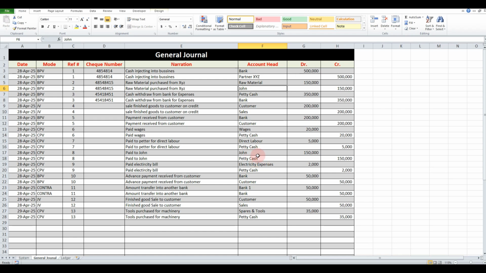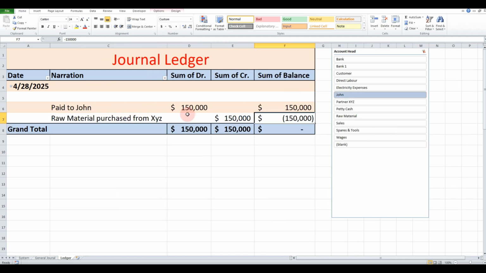I'm paying that from cash, CPV, cash payment voucher. John is debited, and when a liability account increases, it will be credited. And here is the John balance. Debit, paid to John. Credit, raw material purchased from John. Now the balance is nil.